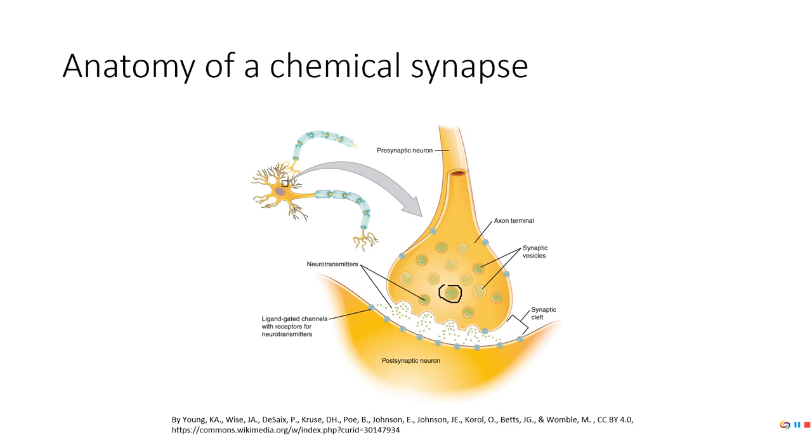In this case, vesicles contain a chemical called a neurotransmitter. The neurotransmitter, which is these little dots down here, diffuse across the synapse via flow down gradients and potentially, hopefully, bind to a ligand-gated receptor on the postsynaptic neuron or postsynaptic cell. This will cause ion channels to open, which will either cause or prevent an action potential from occurring.